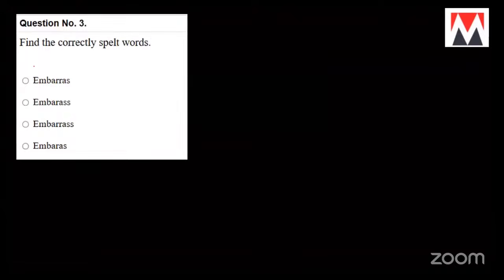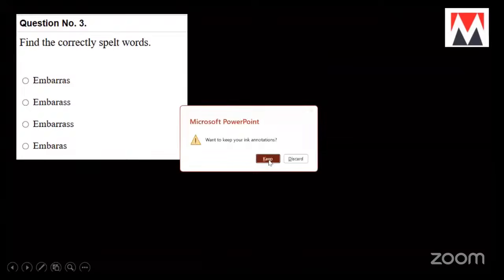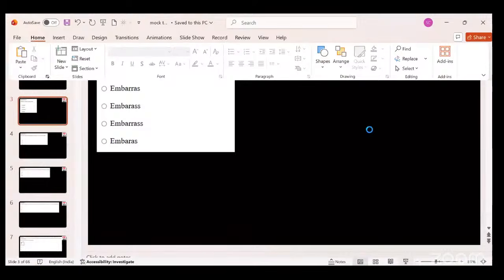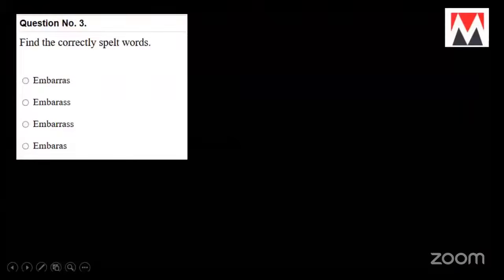Find the correctly spelled word among this. Please find the correct word.